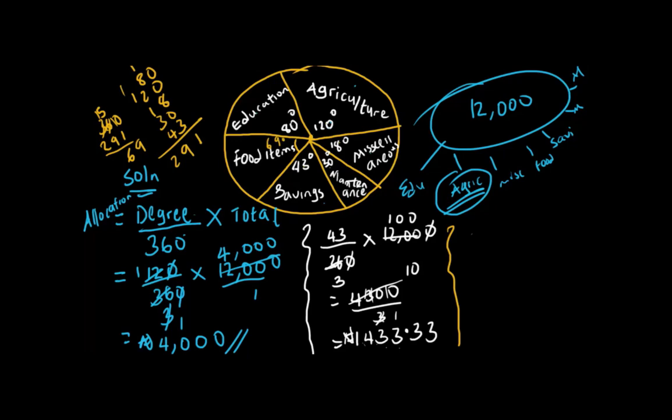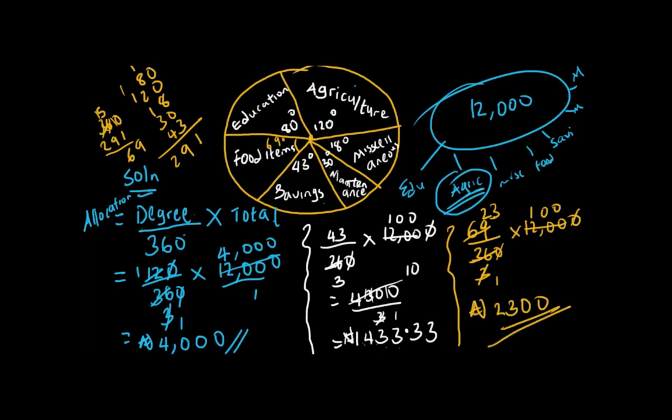So if I want to find the allocation for food item, I just do 69 over 360 times 12,000. 0 cancels 0. 12 here 100. 12 here 3. 3 here 1. 3 in 6 is 2. 3 in 9 is 3. So we are left with 23 times 100. That will give us 2,300 naira. Do you understand?